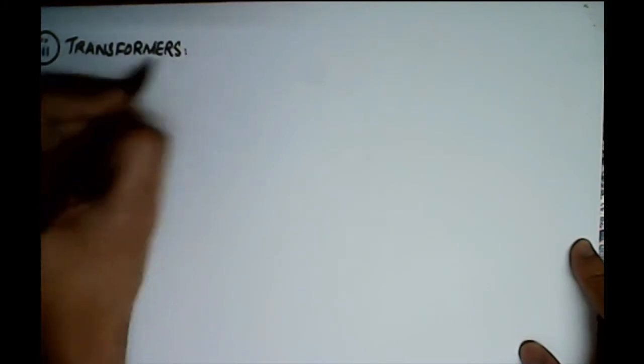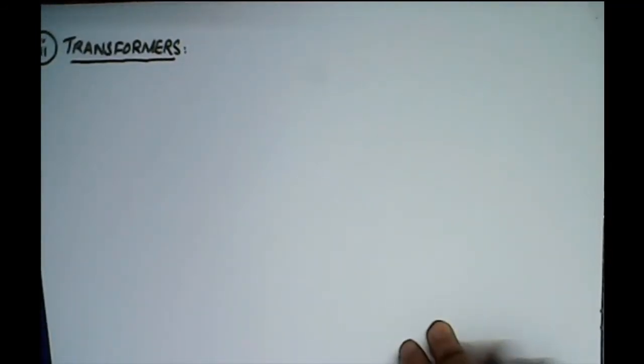Okay, now next let's discuss the sequence networks for impedance loads, right? The sequence networks for transformers. Sorry, we are done with the impedance loads. Now we are considering the sequence network for transformers.